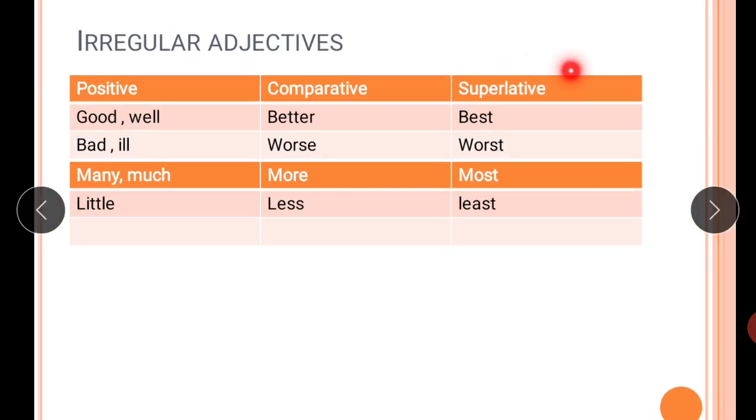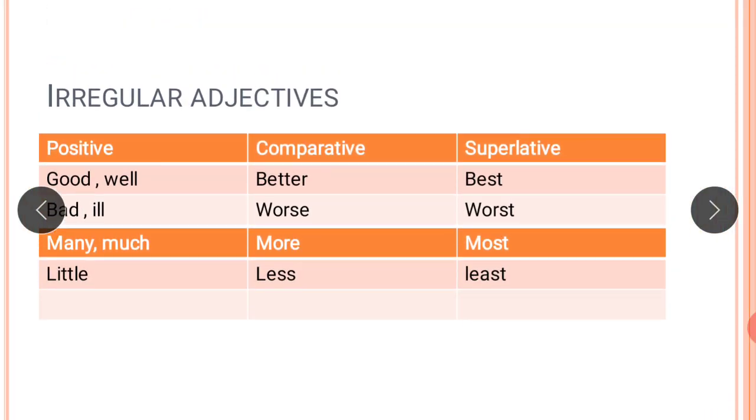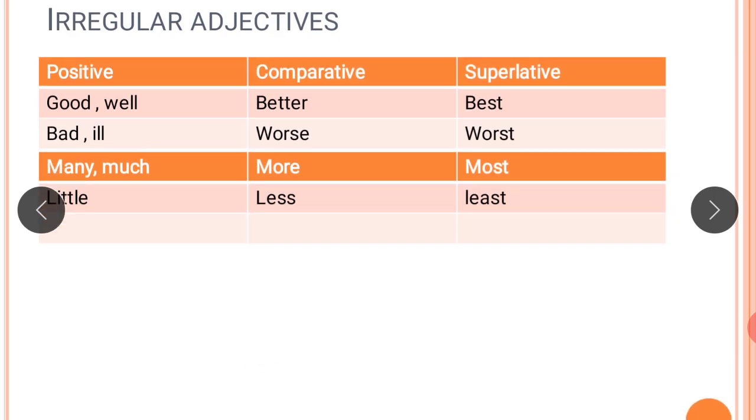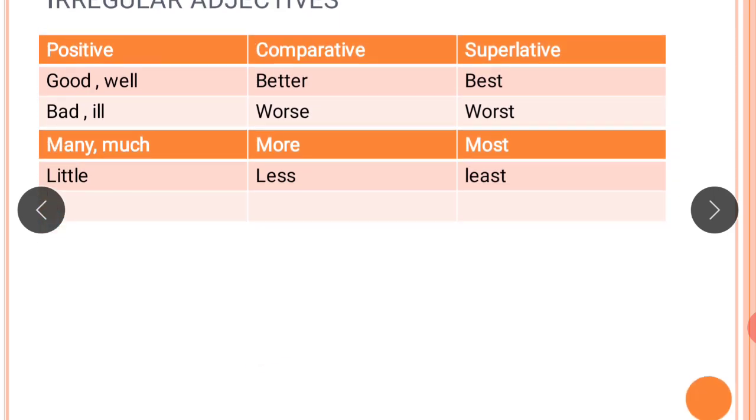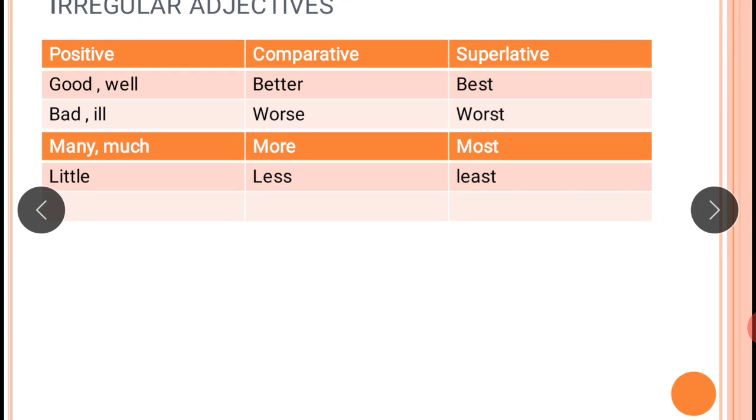Then irregular adjectives. There are some adjectives, you can see that. Good: it is not gooder, goodest, it's not more good, most good, but it is totally irregular. There is no connection between the positive and comparative. Good is something different from its comparative form better.